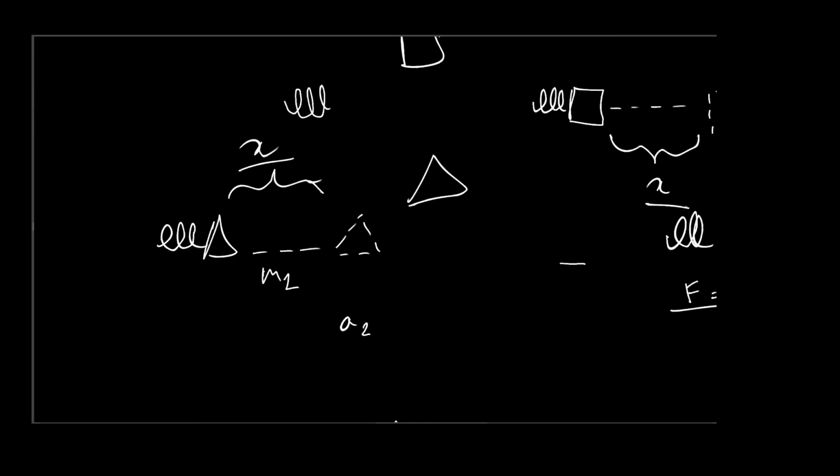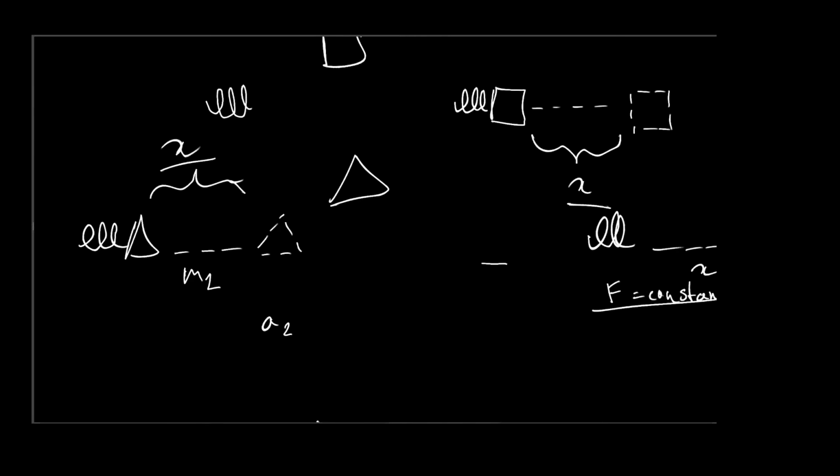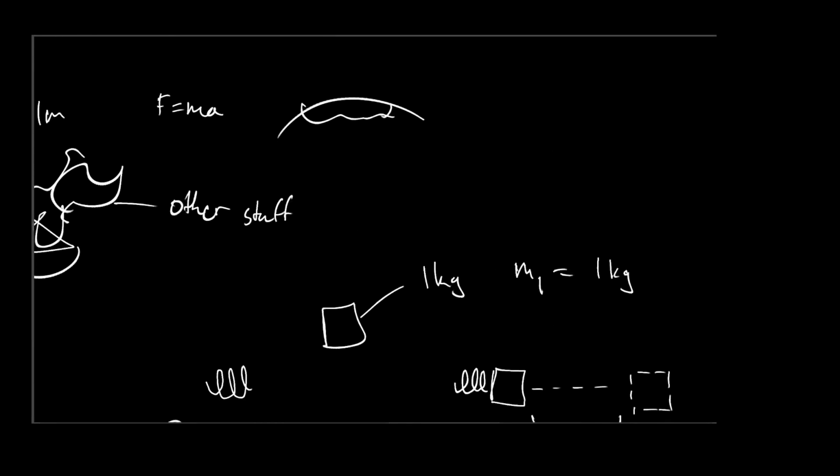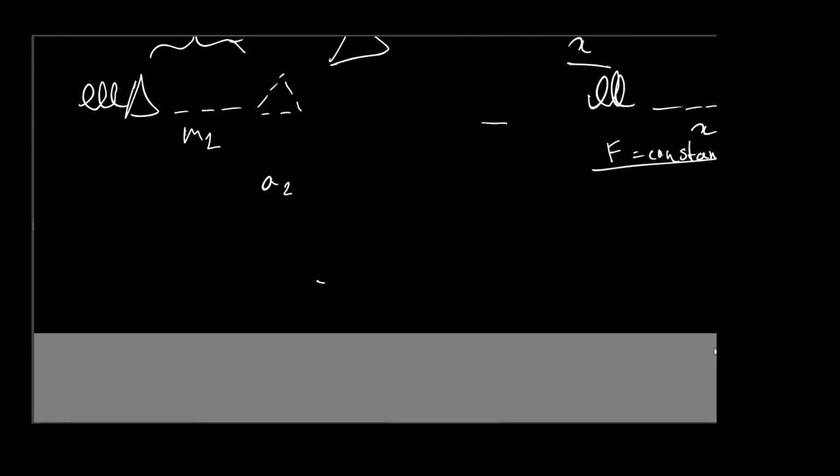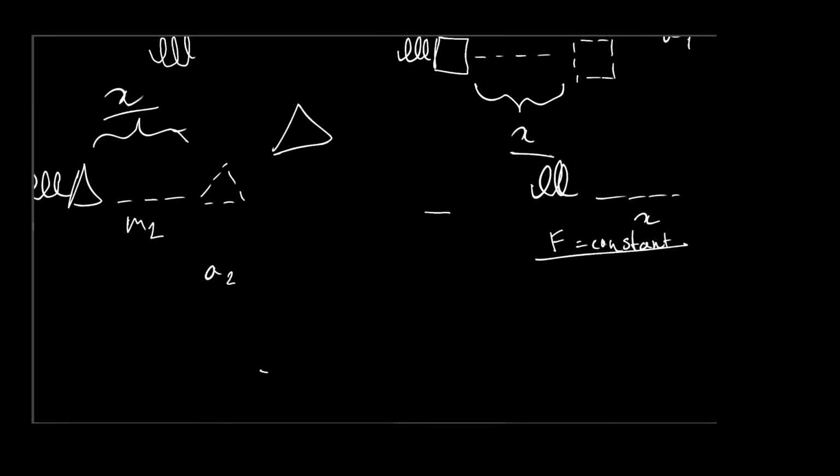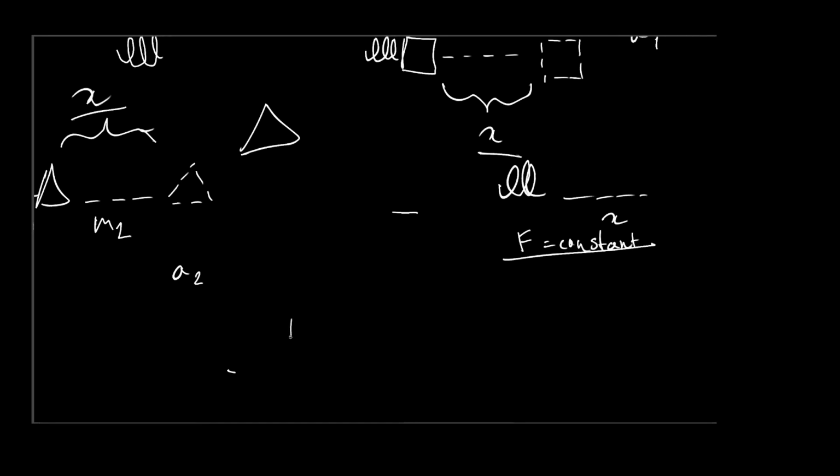So what I'd end up with is, going off of this law that we're still trying to prove, F equals ma, because they're the same force, you can rewrite this as ma equals ma.